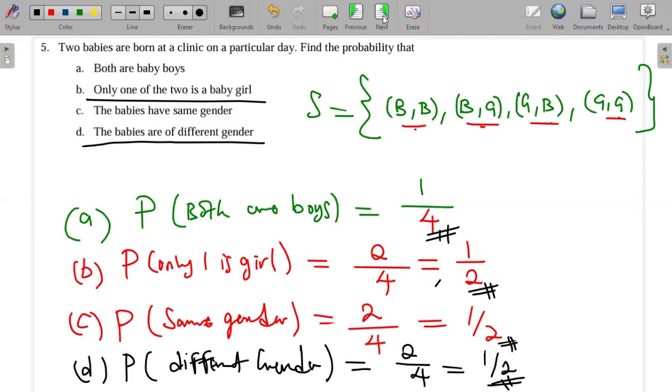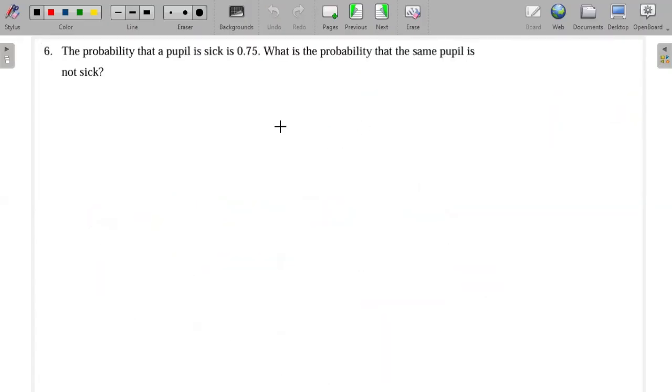Okay, so let's move and look at this question here. The question says the probability that a pupil is sick is 0.75. What is the probability that the same pupil is not sick?